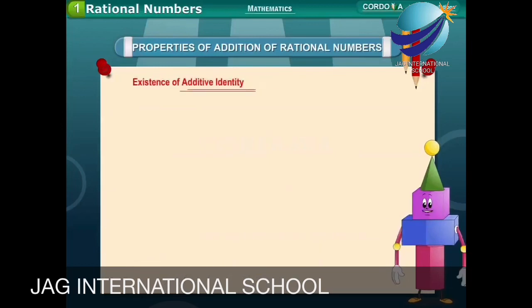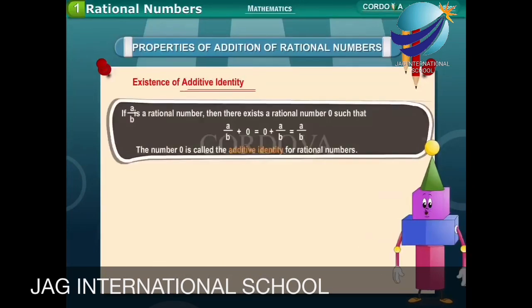Existence of additive identity. If a/b is a rational number, then there exists a rational number 0 such that a/b + 0 = 0 + a/b = a/b. The number 0 is called the additive identity for rational numbers.